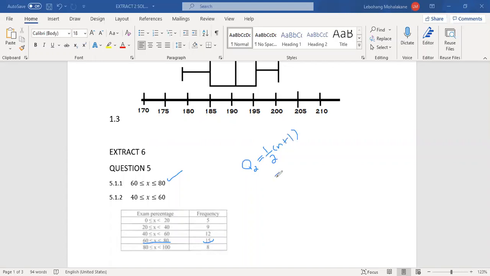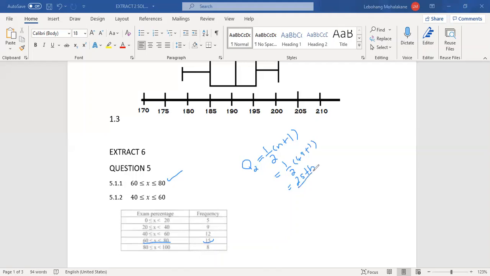I have the total of the frequency: 5 plus 9 is 14, plus 12 is 26, plus 5 is 31, plus 10 is 41, plus 8 is 49. So half of 49 plus 1 is half of 50, and half of 50 is 25. Remember, this is the position.